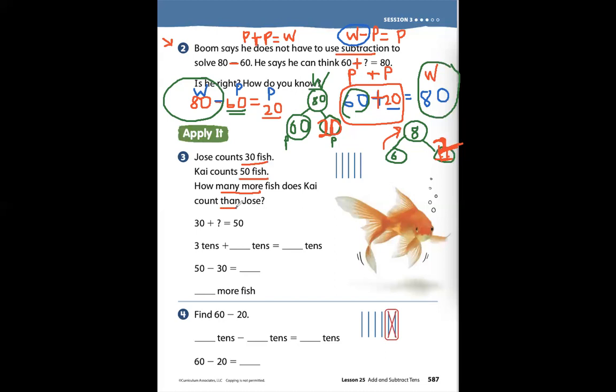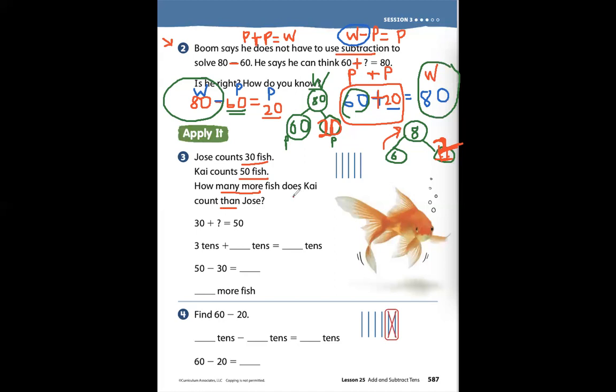That means subtract. That means one of these numbers is going to be the greater number or the total that I would subtract from. How many less than? Mean subtract. How many fewer? What's the difference? Mean subtract.